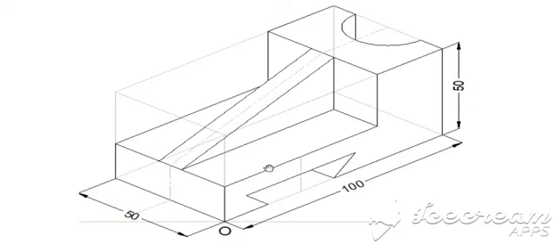Then we have completed this slot. In this slot, again we can't mark the angle directly as 45 degrees, so we found the top distances, and then we took the height from the midpoint, and from the midpoint we marked the distance on both sides and simply joined the ends of the top line and the bottom line, that is the top 50 mm line and the bottom 30 mm line.